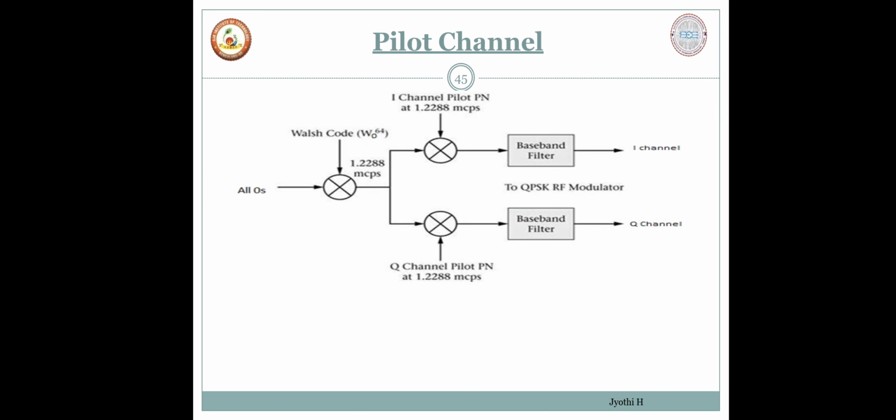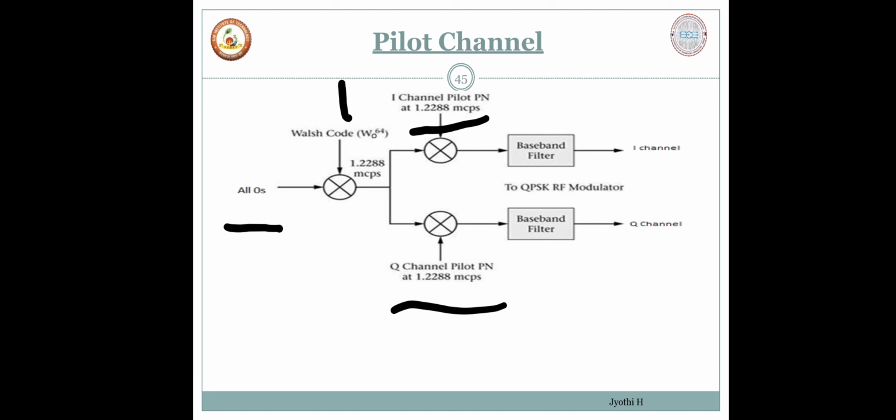Here it is the pilot channel. The pilot channel has all zeros as the input, which is multiplied with the Walsh code, and it generates chips at 1.2288 mega chips per second, which are given to the I channel and the Q channel.